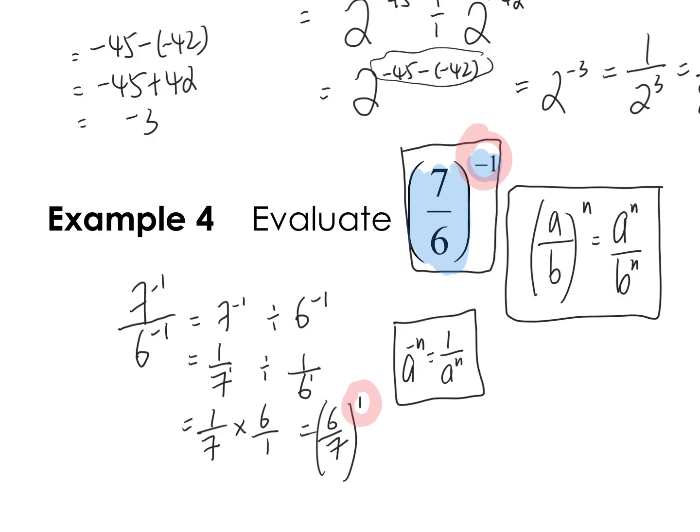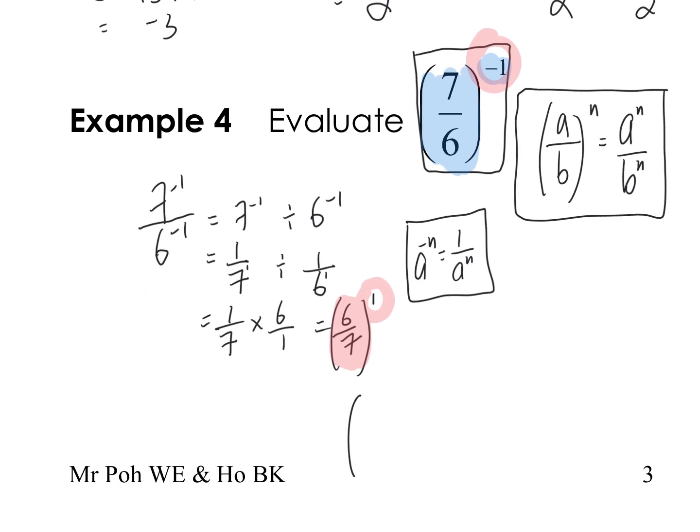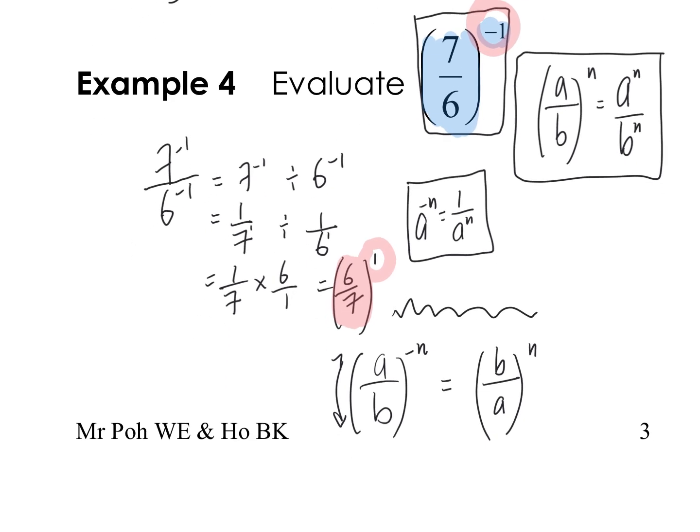The shortcut is actually flipping the fraction inside. In other words, if I have a over b to the power of negative n, I can flip the fraction inside and then change the power to positive. This is a shortcut that you can use.